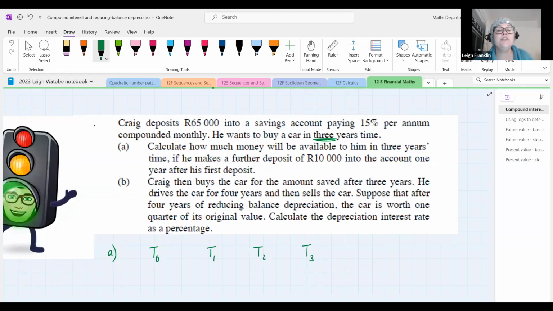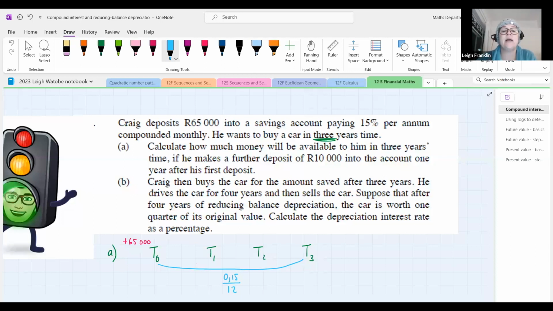Initially, he deposits 65,000 Rand, so we treat that as a plus. Plus 65,000 goes in at T0 at the beginning. The interest rate is 15% per annum compounded monthly. That doesn't change. From start to end, our interest rate is 15%. That's 0.15. And if it is compounded monthly, then it has to be divided by 12.